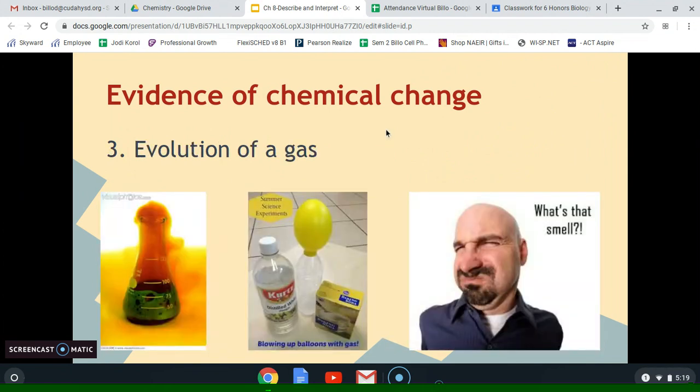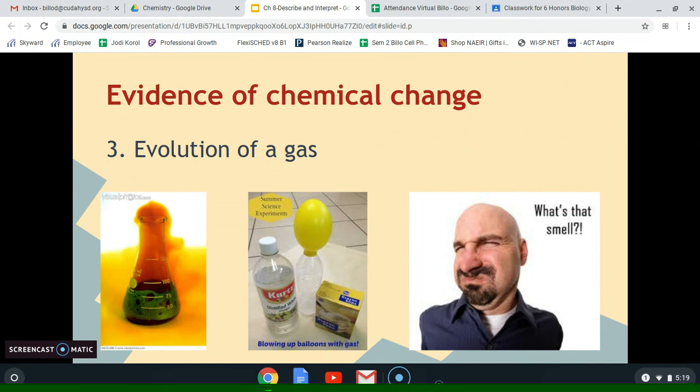Another example would be if a gas is given off. Sometimes you can see it in the case off to the far left. That's another reaction, a more violent reaction with copper and nitric acid, but it's a much more concentrated solution. You're seeing a nitrous oxide gas being produced, and that forms that reddish orange color gas that's being emitted.